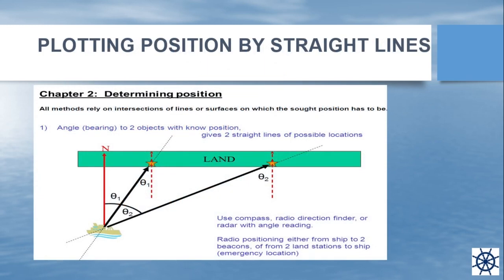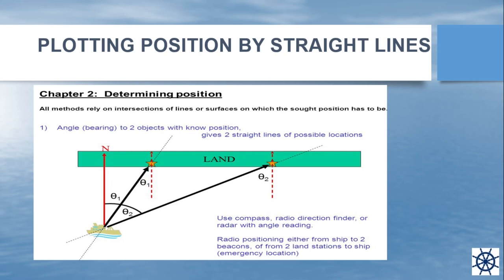In this figure, all methods rely on the intersection of lines, surfaces, in which the ship's position has to be. This one is plotting position by straight line. Now, two angle bearings of two known objects give two straight lines of position.